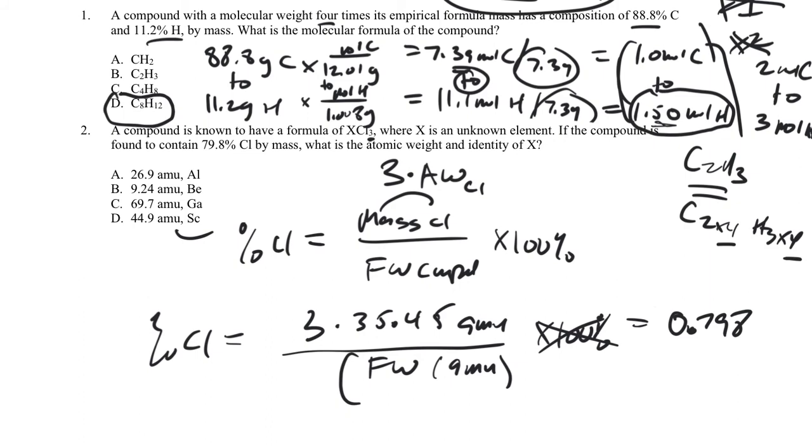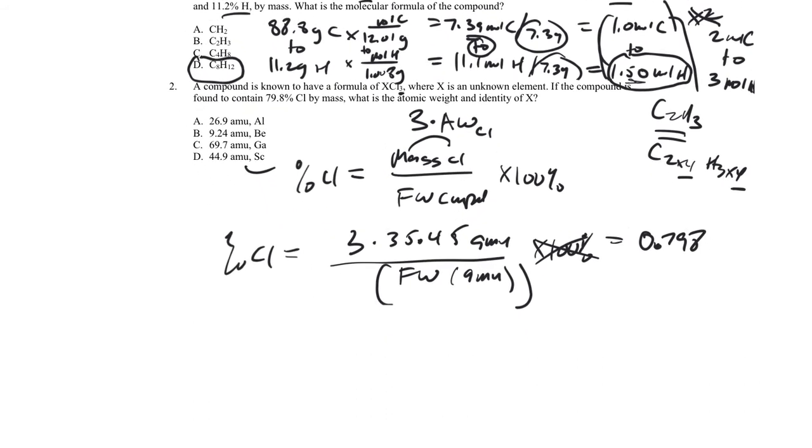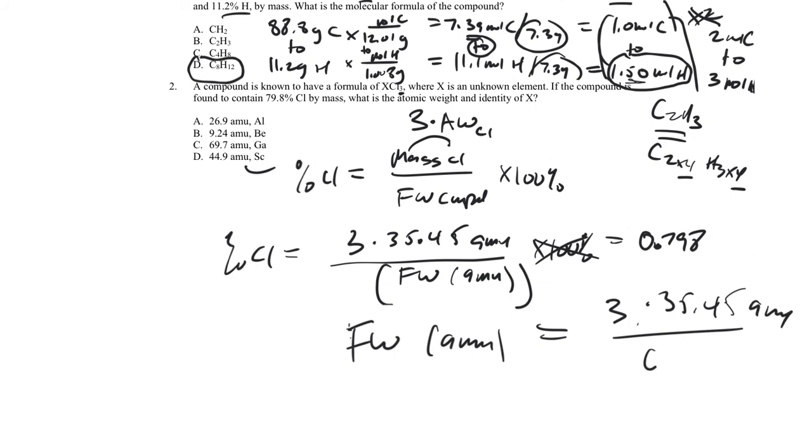All I really want to do here is cross multiply both sides by the formula weight and divide by 0.798 to find the formula weight of the compound. So the formula weight in AMU is going to be equal to 3 times 35.45 AMU divided by 0.798.